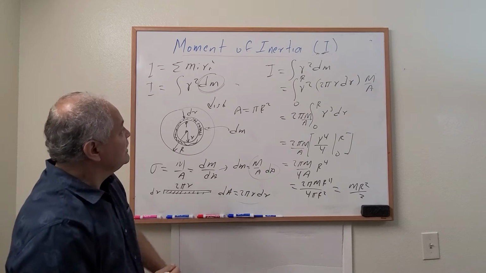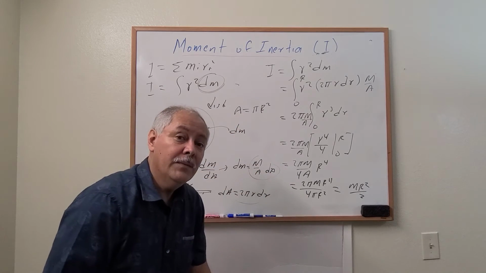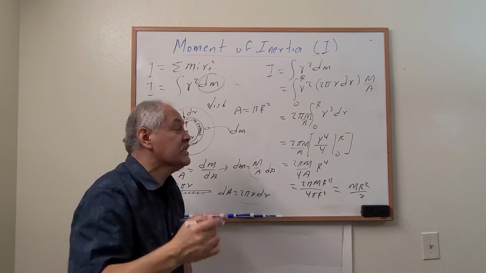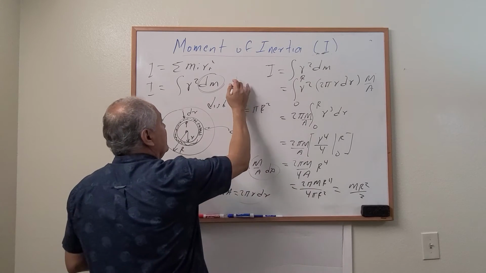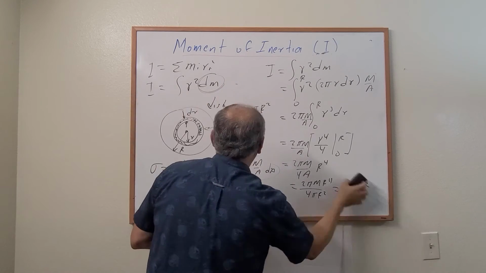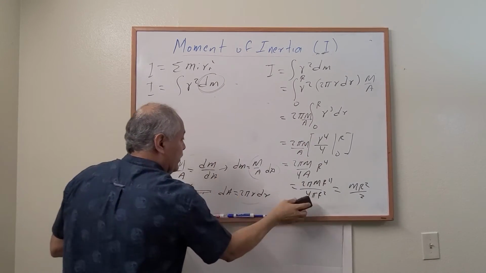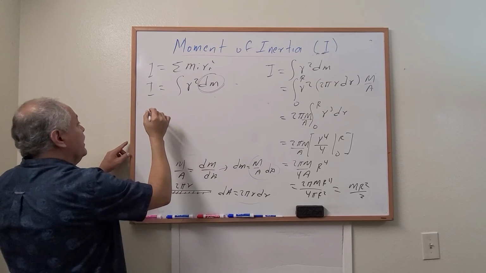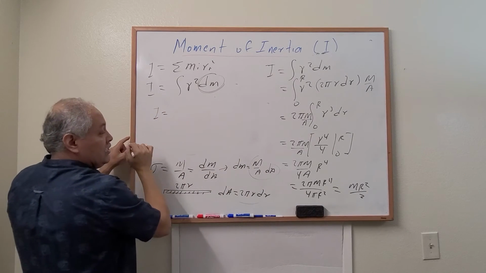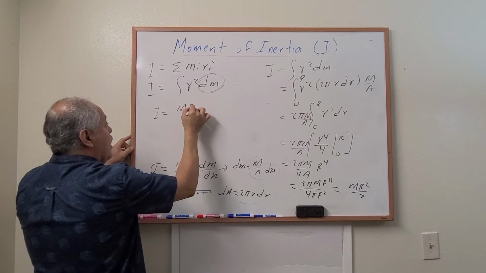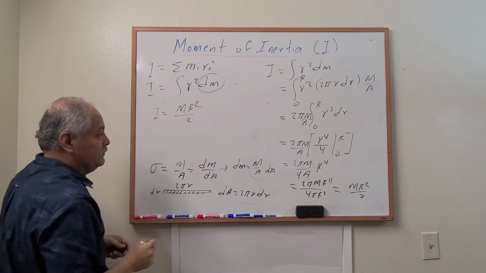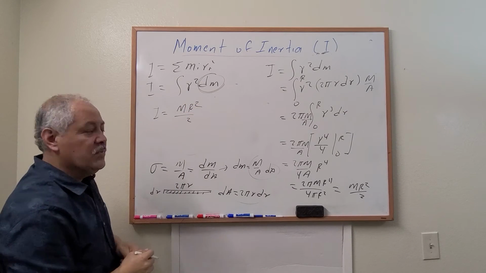Okay, and that's the moment of inertia for the disk. For a disk, the moment of inertia we found from this analysis is equal to m r squared divided by 2. What about for the ring?